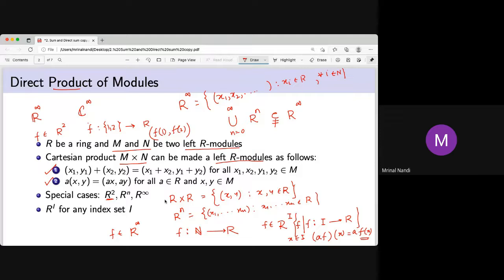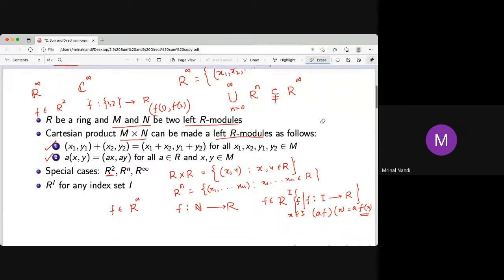Similarly, you can do it for a vector space also, but the dimension is not finite. If I is infinite, it's a question of infinite dimension.